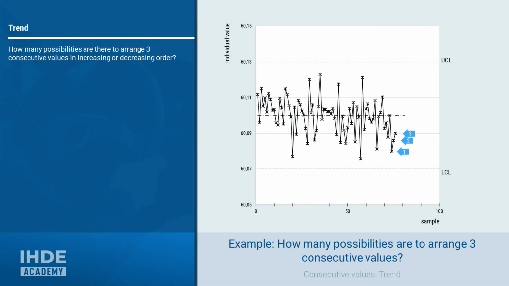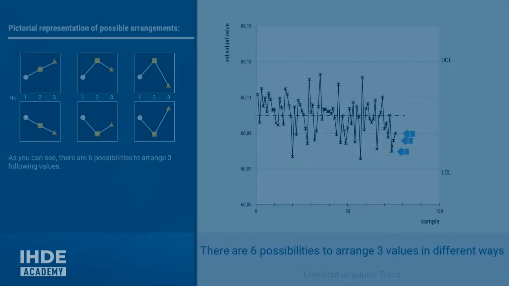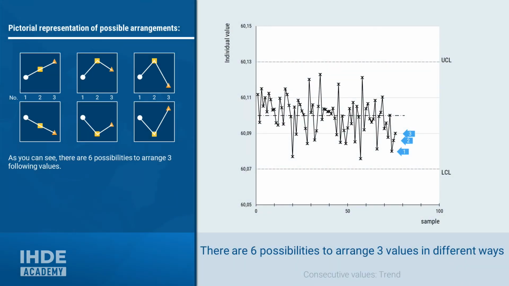To approach the solution, let's start with just three values. So the question is, how many ways are there of arranging these three values in a sequential increasing or decreasing fashion? The 6 ways in which three values can be arranged are illustrated here on the left.